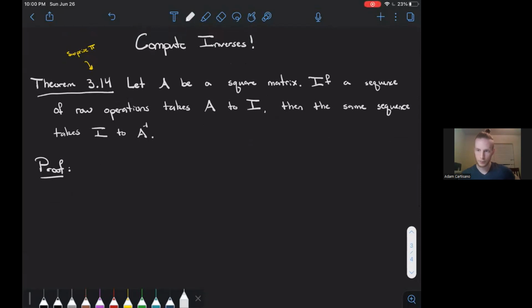So again, this proof technique is very similar to the one that we did for 4 implies 5. Essentially, if I have the sequence, I'll just write E_k all the way down to E2, E1 times A equals the identity.